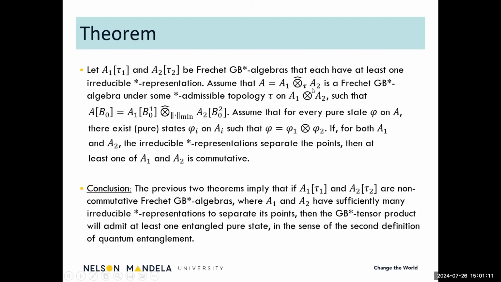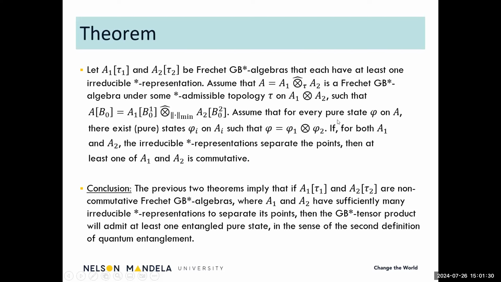And again, we suppose that the tensor product is a GB star algebra under some topology, where the underlying C star algebra of this complete tensor product GB star algebra is again the C star tensor product of the underlying C star algebras there and there.